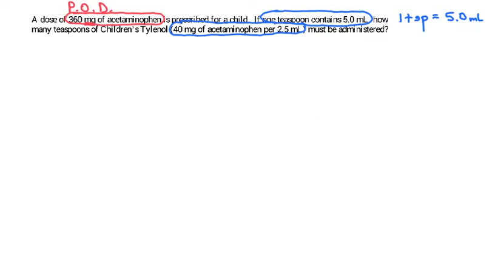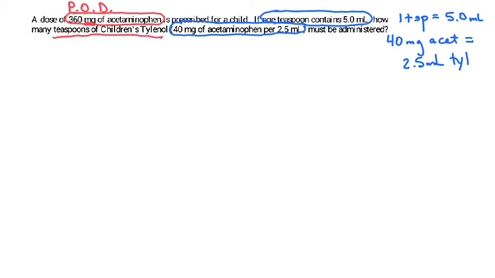So we can rewrite it that 40 milligrams of acetaminophen is equal to 2.5 milliliters of the Tylenol. So how much of that Tylenol must be administered? If we look and see what we see, we have a piece of data. Pieces of data are very good starting points. And we see that we're trying to get to an answer in terms of teaspoons of children's Tylenol.